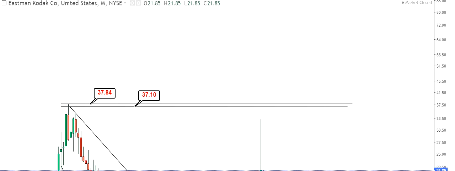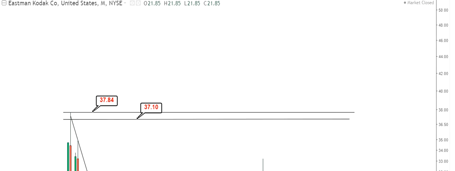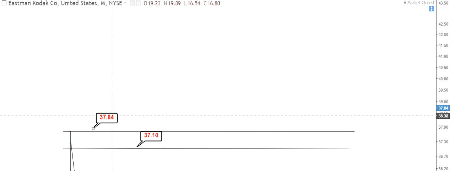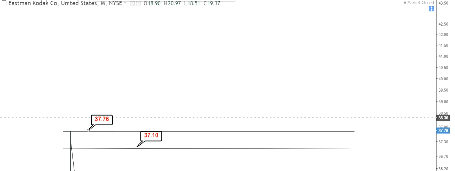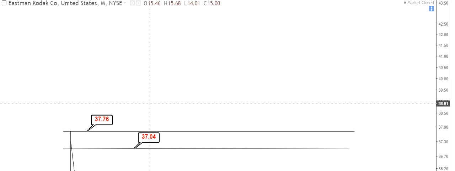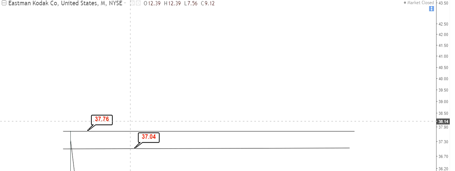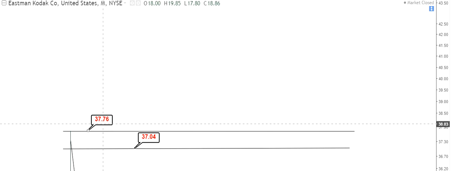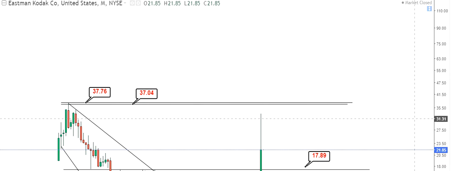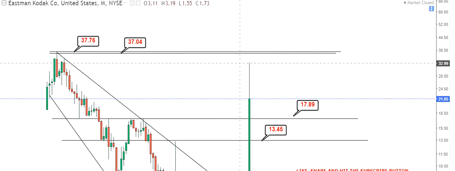Let me just zoom this chart a bit so that you can see the trend clearly. Unless the price stays above this 37 or $38 per share, it should stay above and sustain over $38, then we can say that a new trend will begin. That is not much far away.